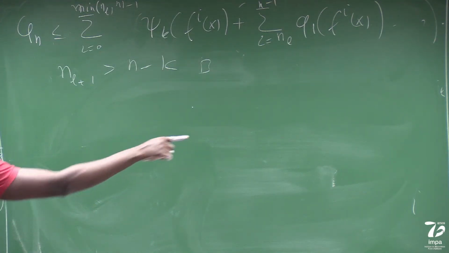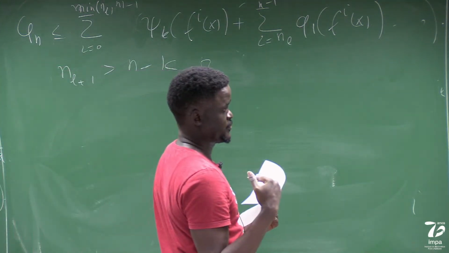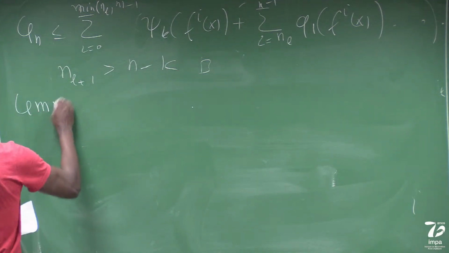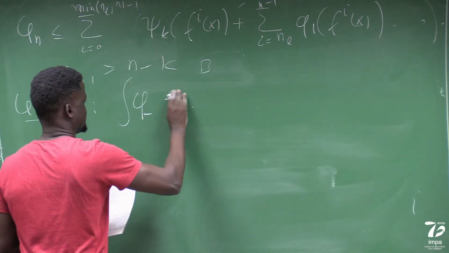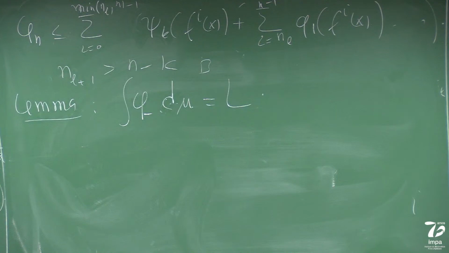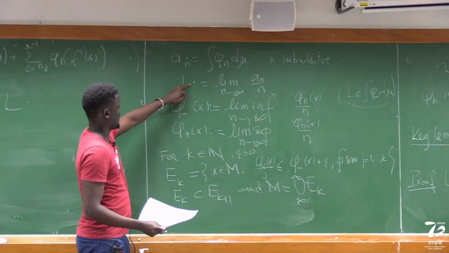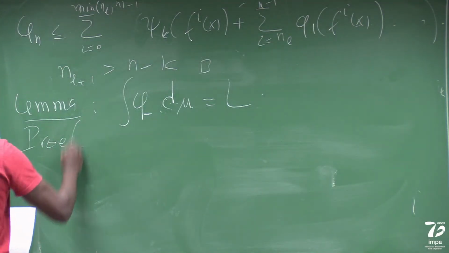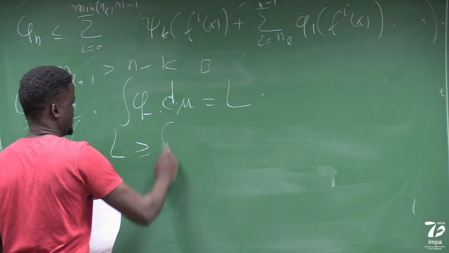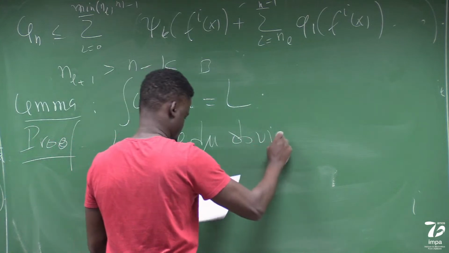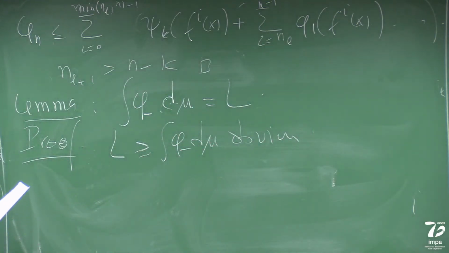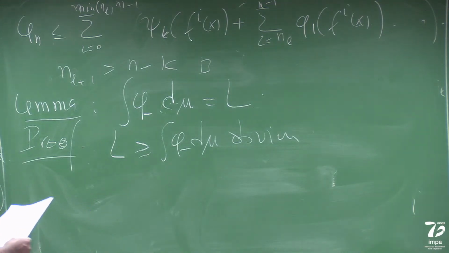So from this lemma, as I was saying, we are proving that the integral of phi minus d mu equals L. This L. Because this inequality is obvious, L is bigger than, this is obvious, because this is a lim inf. This uses Fatou's lemma, okay?